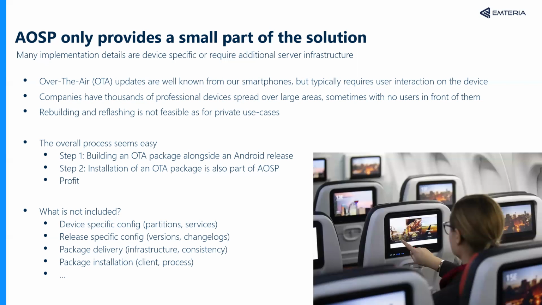Sounds kind of easy, but let's talk a little bit about what is not included in the AOSP, and what you have to do yourself first. And there are many things.